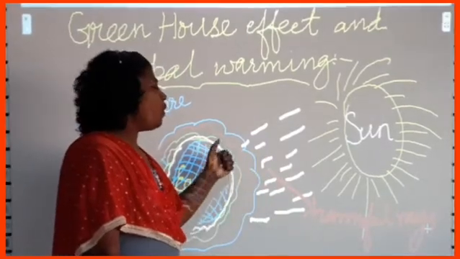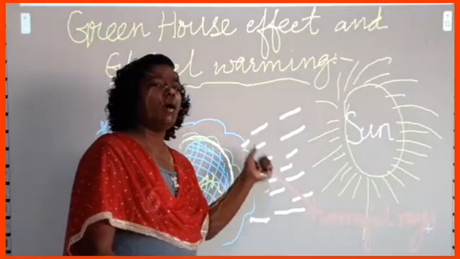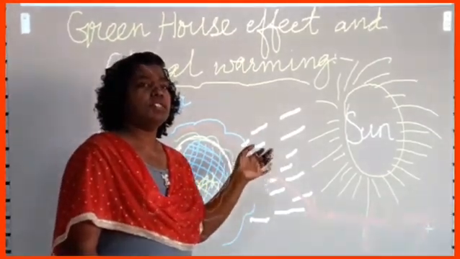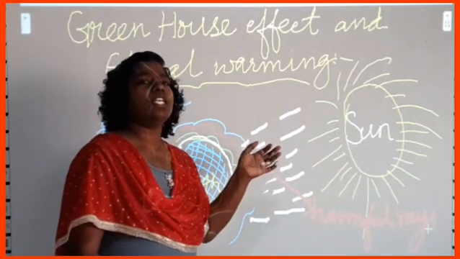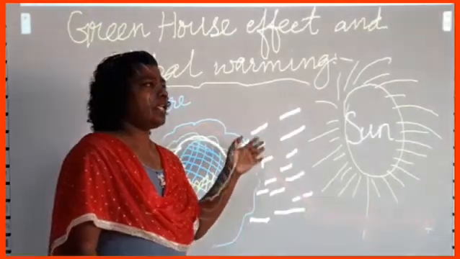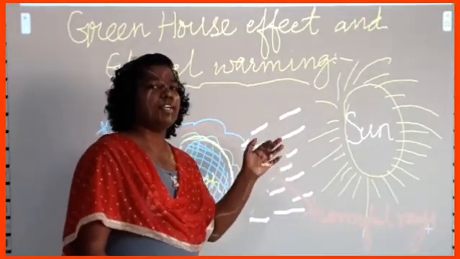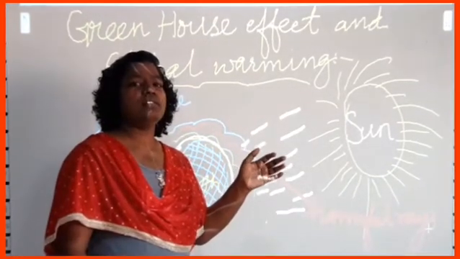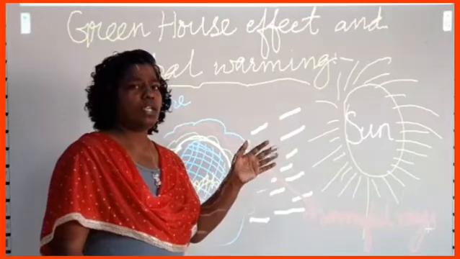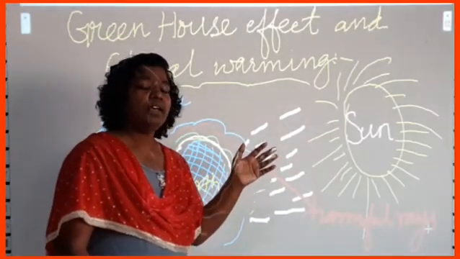Now we will see what the reasons for the greenhouse effect are. Mainly we can see there is a gas called CFC, chlorofluorocarbon. And we'll see GHGs. What is GHGs? It is greenhouse gases. What are the greenhouse gases?